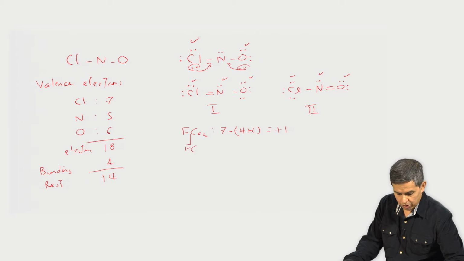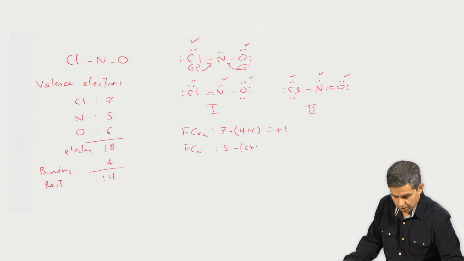The formal charge of nitrogen will be 5 minus the lone pair of electrons, which is 2, and those that are forming bonds, which are 3, gives a formal charge of 0.